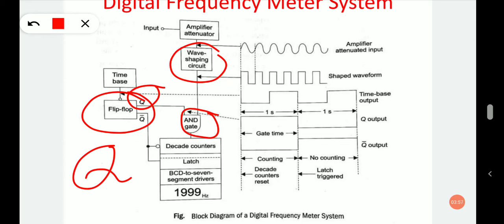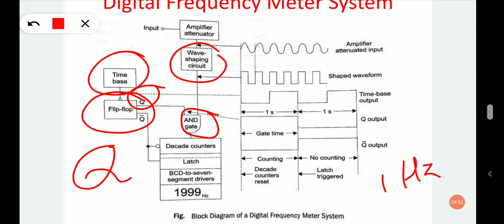The flip-flop is controlled by the time-based circuit. When the output waveform of time-based circuit goes in the negative direction, the flip-flop changes its state at each instant. For example, if the time-based output frequency is 1 Hz, then the flip-flop output Q will be an alternating high and low wave for a time period of 1 second each.